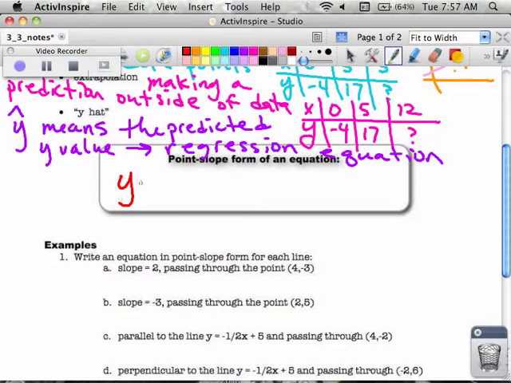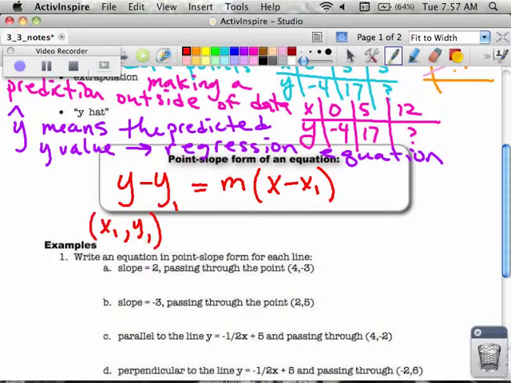Y minus y1 equals m times x minus x1. The x1, y1 is a point given, and m is the slope.